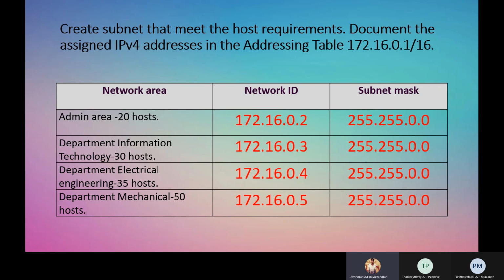The subnet mask is 255.255.0.0. Department Electrical Engineering, 35 hosts. The network ID is 172.16.0.4. The subnet mask is 255.255.0.0. Department Mechanical, 50 hosts. The network ID is 172.16.0.5. The subnet mask is 255.255.0.0.